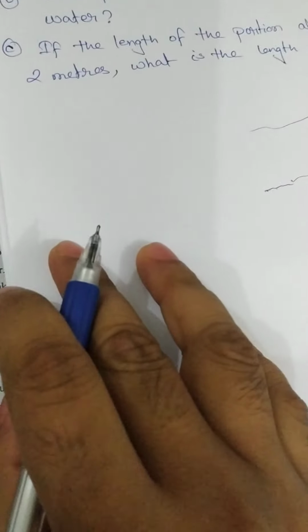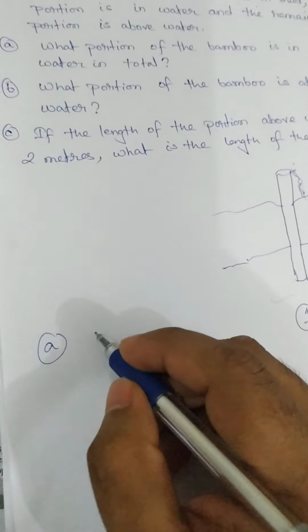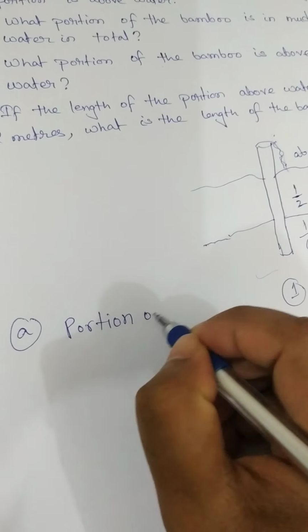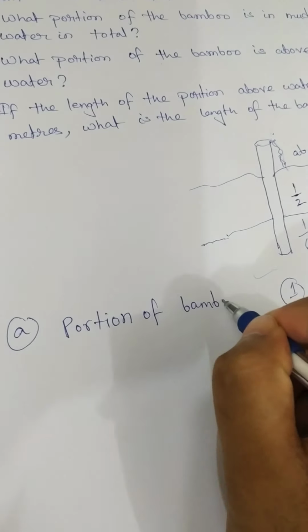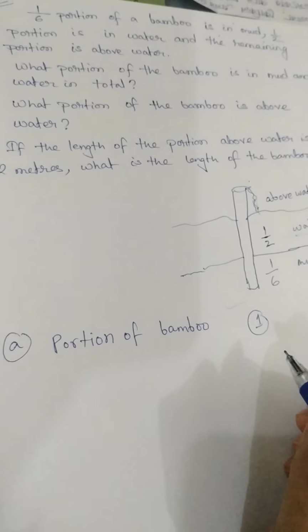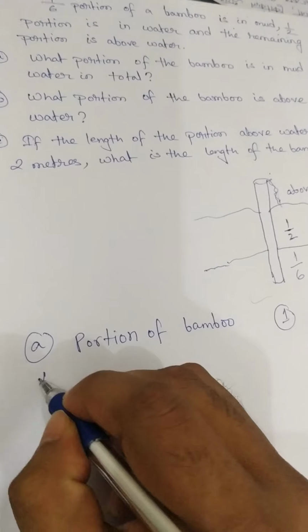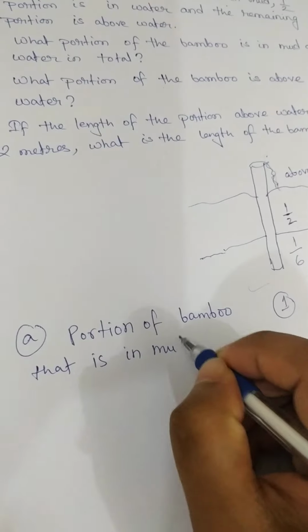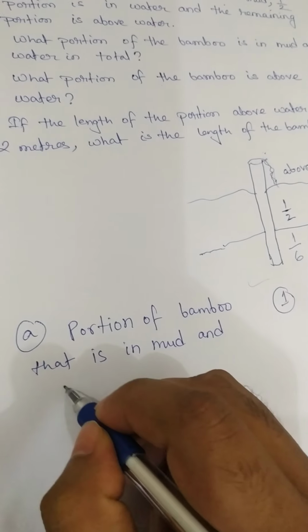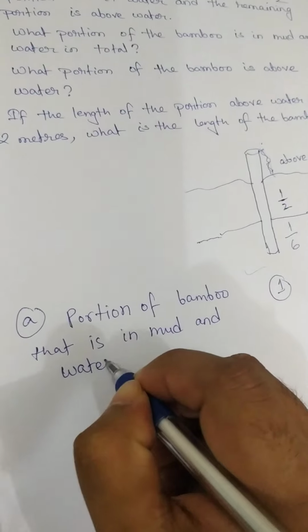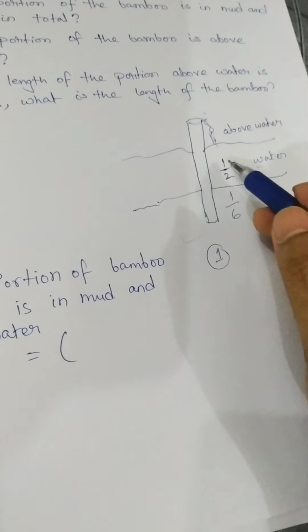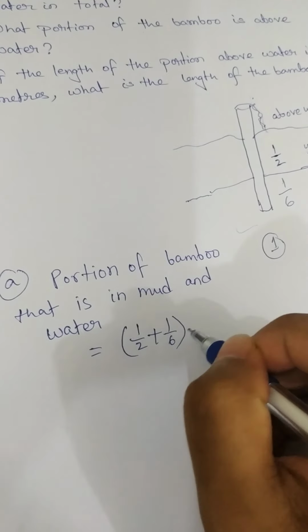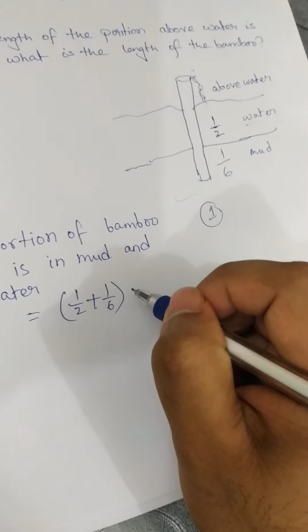So for the first part we can say, portion of bamboo that is in mud and water equals, just add them, 1/2 plus 1/6, very easy. This time I will not show you how to find the LCM, you can do it yourself.